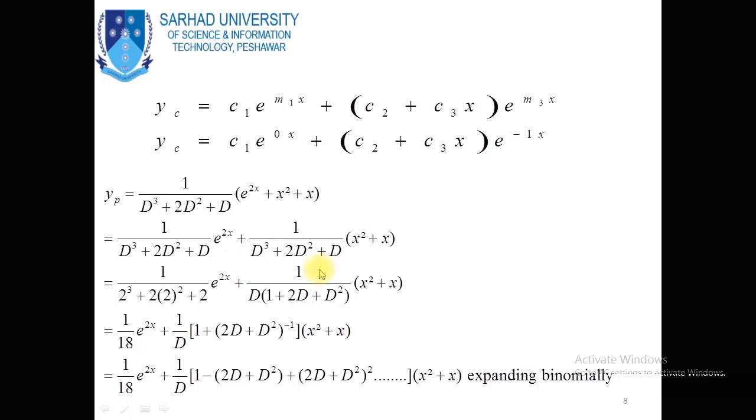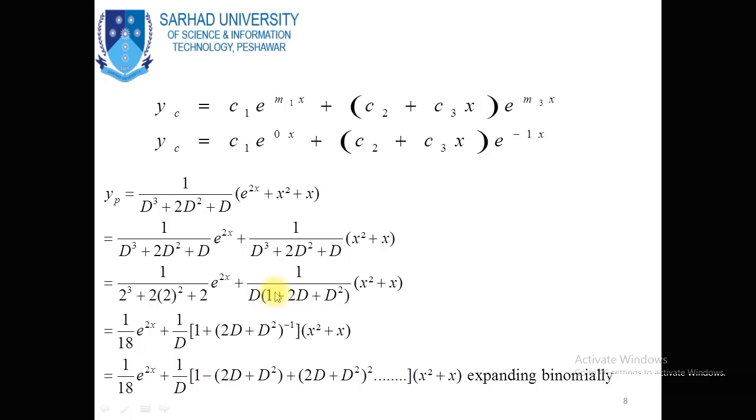Now for the particular solution part for the polynomial, take the lowest degree term common. D is the lowest degree term. The degree of this term is 3, of this term is 2, and of this term is 1. So this is the lowest degree term. Taking d common, we can write 1 plus 2d plus d square.